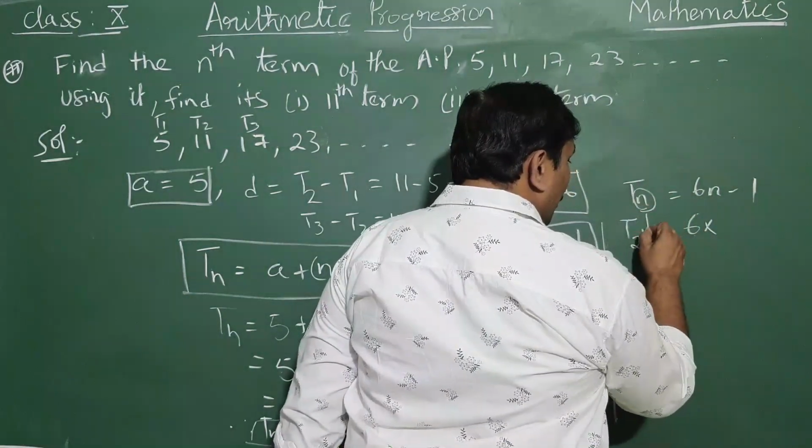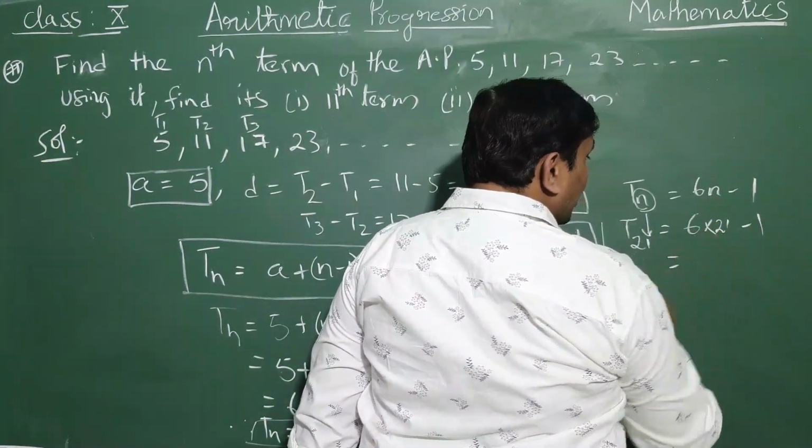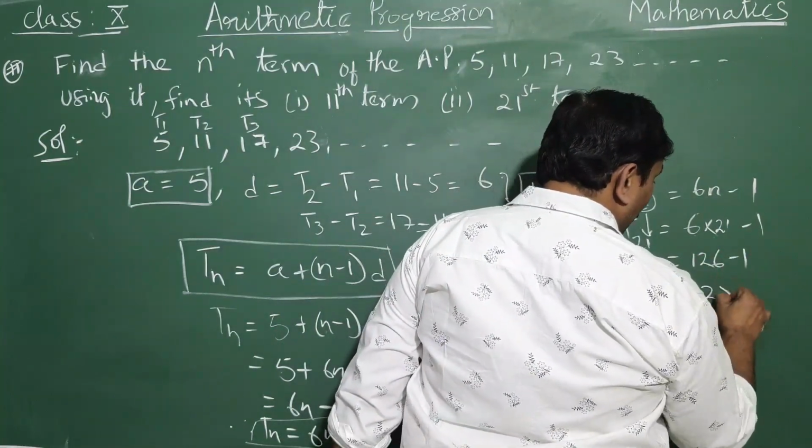Here the n value is 21. So in place of n I'll write 21: 6 into 21 is 126, minus 1, which is equal to 125.